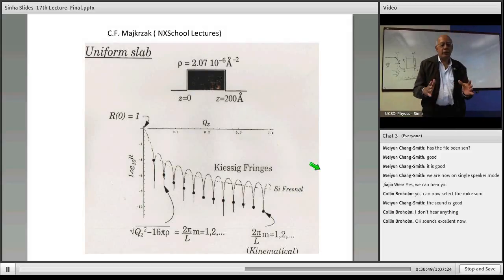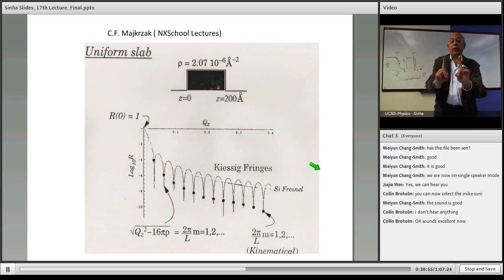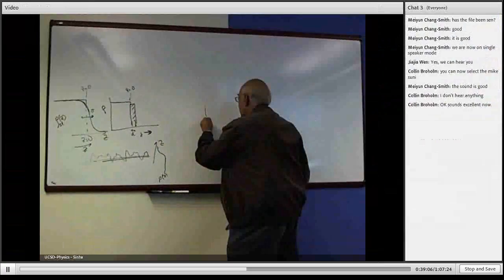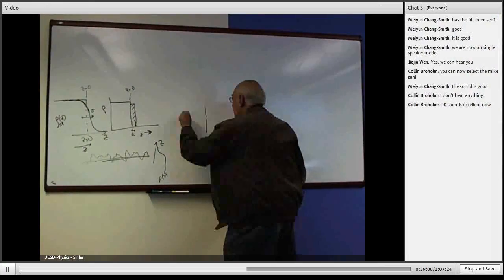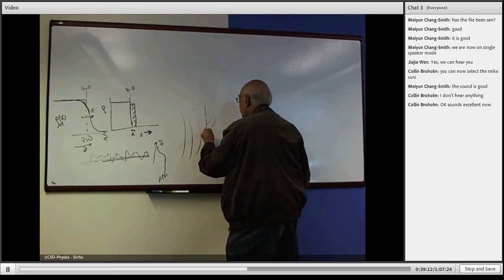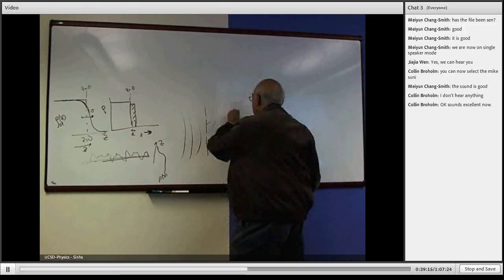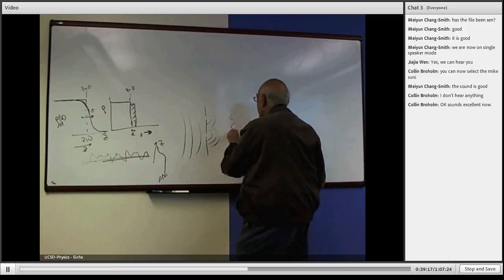A simple way to understand coherence is if you have, for instance, two Young slits. As you know, if a beam goes through it, you get the fringe pattern out here. Here's a wave coming in, and you get interference patterns, and you get a fringe pattern on a screen at the back.